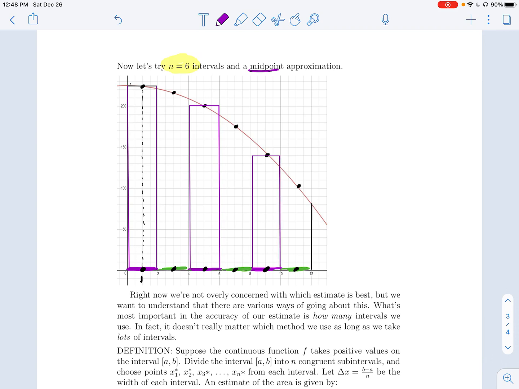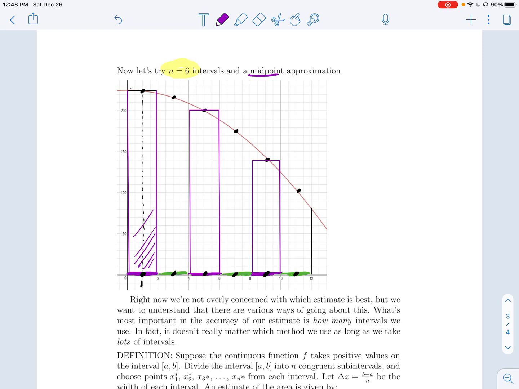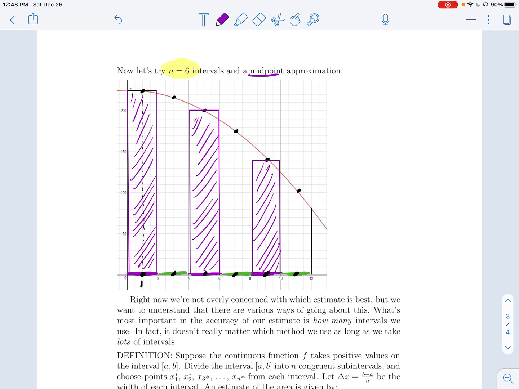Because what we did before, we had cases where something was clearly an overestimate or clearly an underestimate. And in this case, it's not clear one way or the other. Right? This third rectangle, for example, it's an underestimate over here and an overestimate over here. Those areas are very similar. So it's like those two errors might cancel each other out and we'll get something quite accurate.